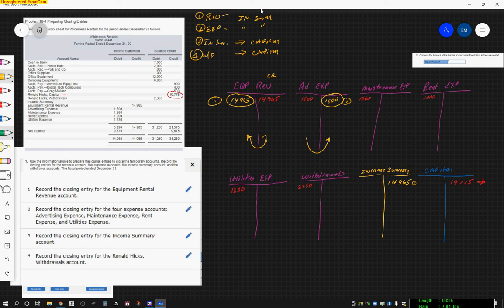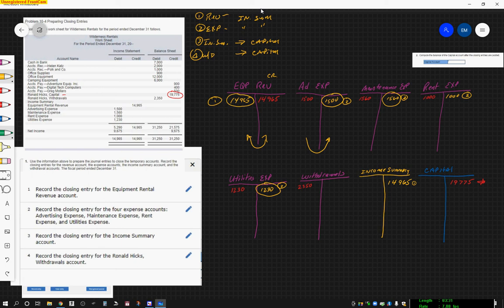Here's another credit for $1,560. Still the second transaction, and $1,000. Still our second transaction, and $1,230. Still our second transaction. Well, we know that these are going to be 4 different credits listed in a single transaction.